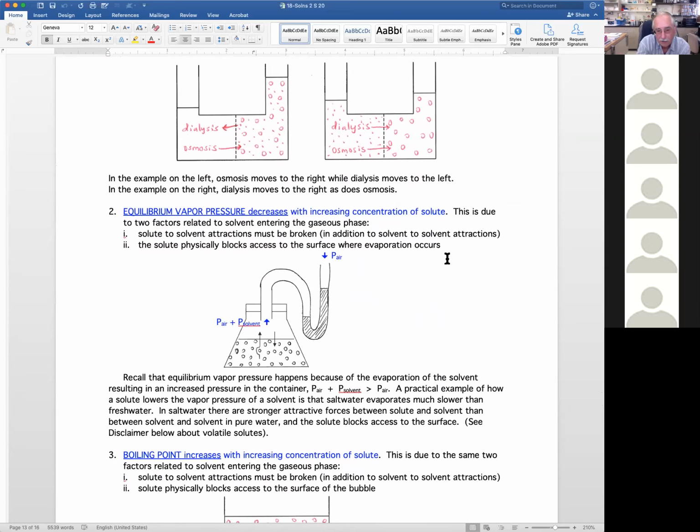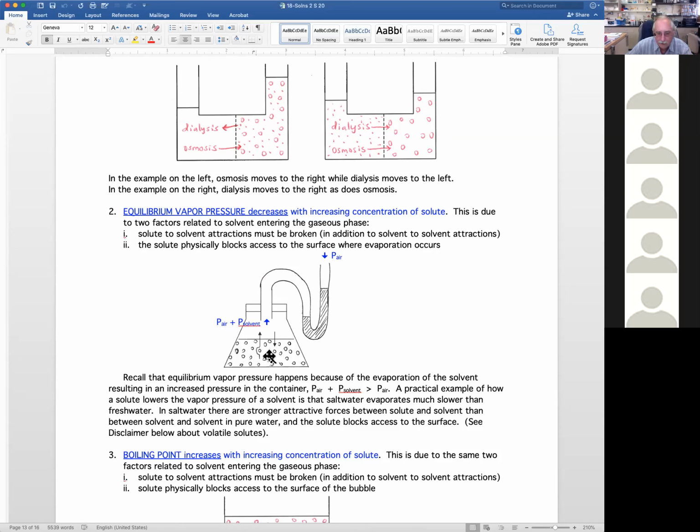Anyway, so another one that takes less time is the equilibrium vapor pressure decreases with increasing amounts of solute. Why? Again, here's how we measure the vapor pressure, right? So if I start adding solute in here, what happens? Well, if that solute dissolves in the solvent, there must be attractions between themselves, right?